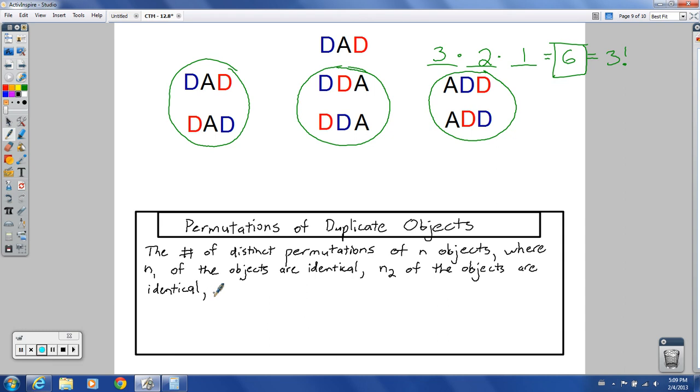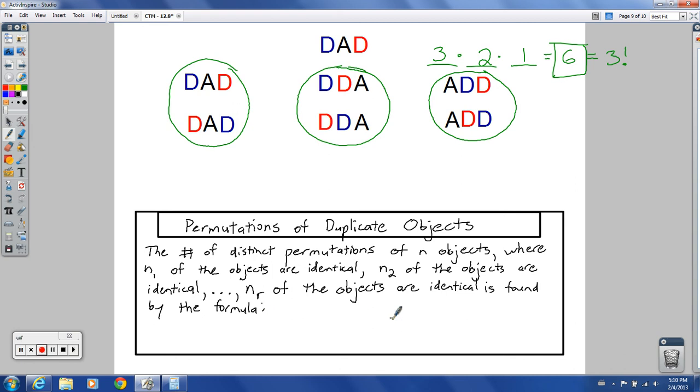So n sub 3, n sub 4, and so on, all the way up to n sub r, the last one, n sub r of the objects are identical, is found by the formula you'll see right here.